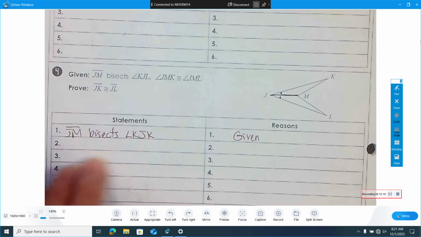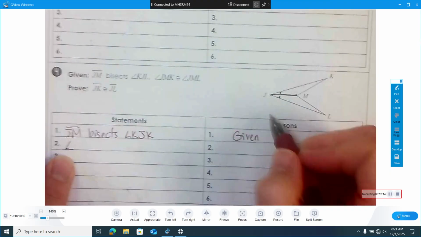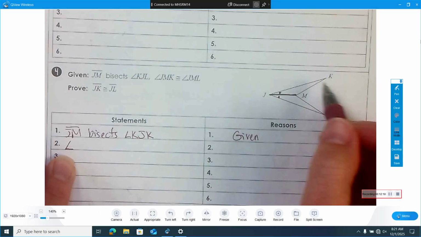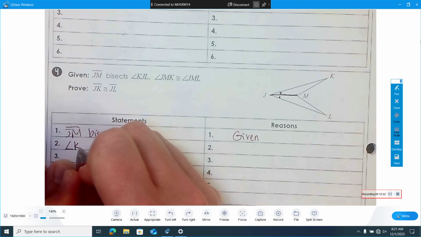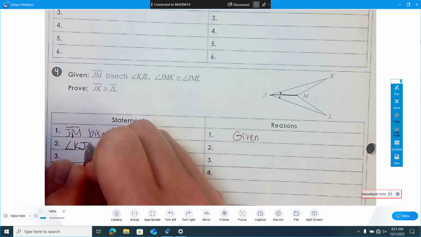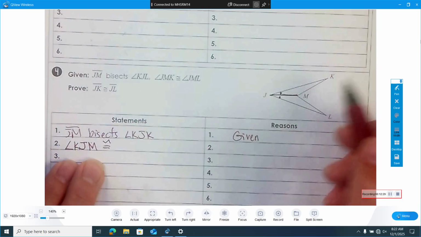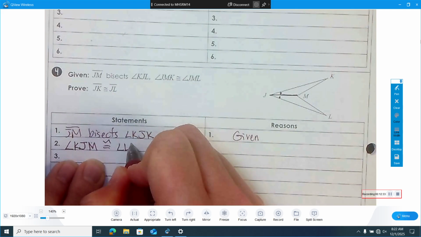Yeah. Absolutely. So I'm just going to go ahead and say, hey, how do I name this top angle? KJM. Must have 3 letters. Angle KJM is congruent to angle LJM.